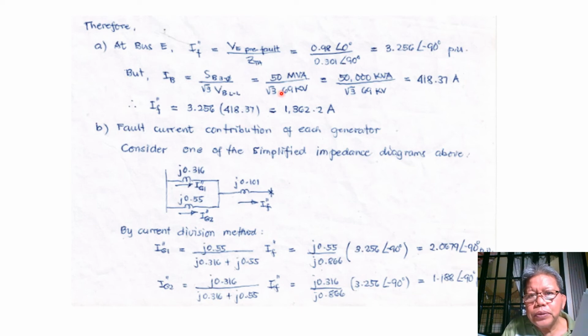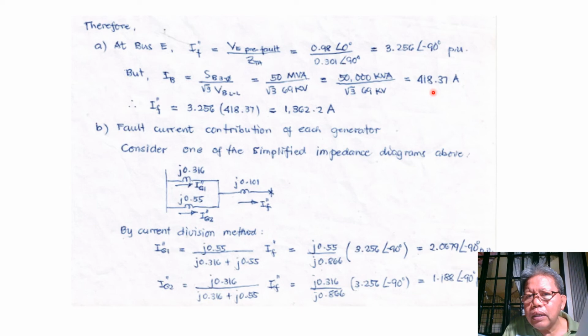Now to get the actual value of the fault current at bus E, we have to solve the base current, which is equal to the base MVA three-phase divided by square root of 3 times the base voltage line to line. So our base MVA is 50, and the base voltage at bus E is 69 kV.